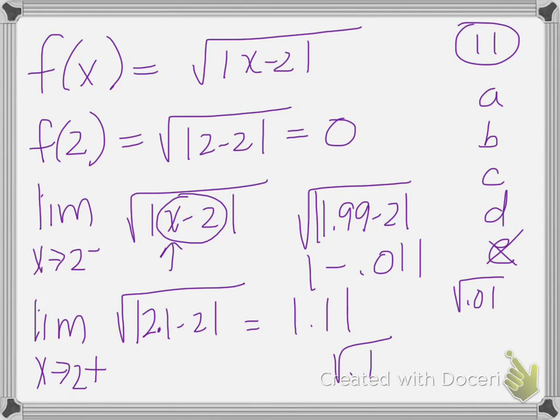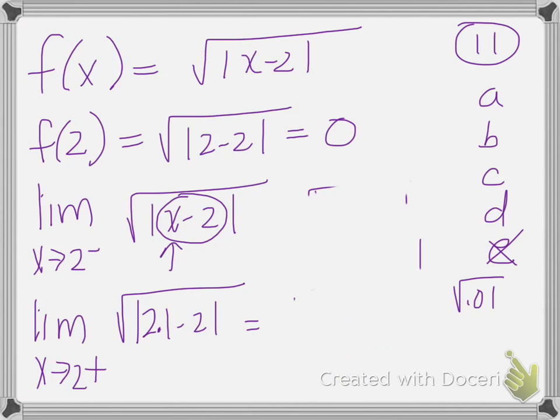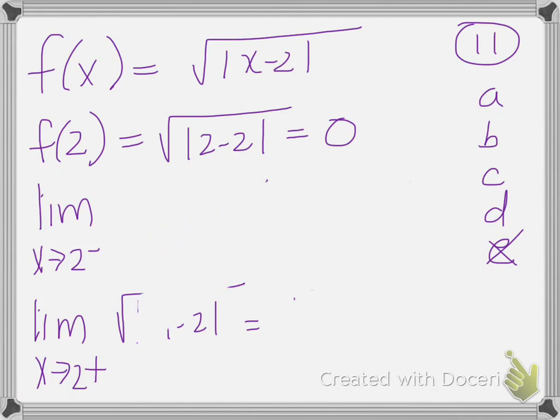Okay, but here's the thing, I think this was a trick to try to get you all caught up in the absolute value, because the fact of the matter is, I'm going to just do some erasing here, that when we're going to find the limit of anything, don't we always try substitution as the first thing to try? So here's my function.